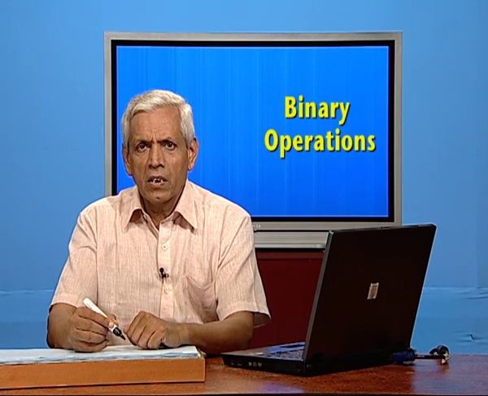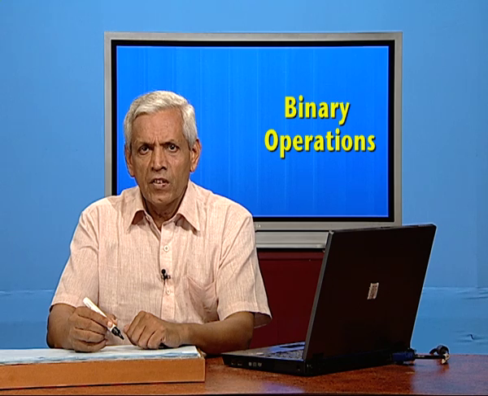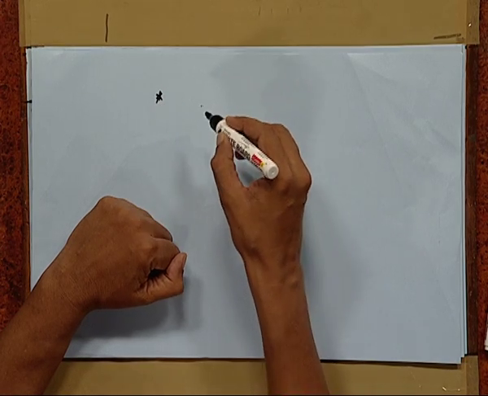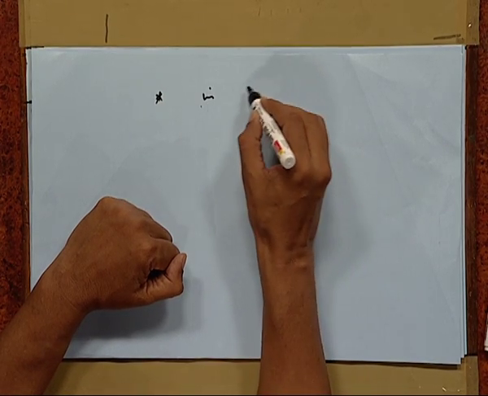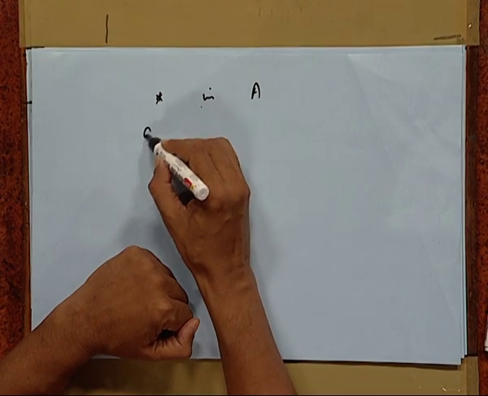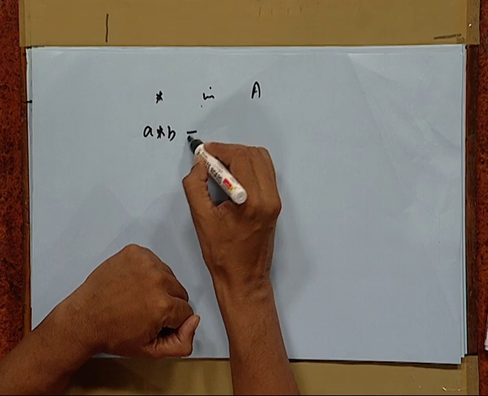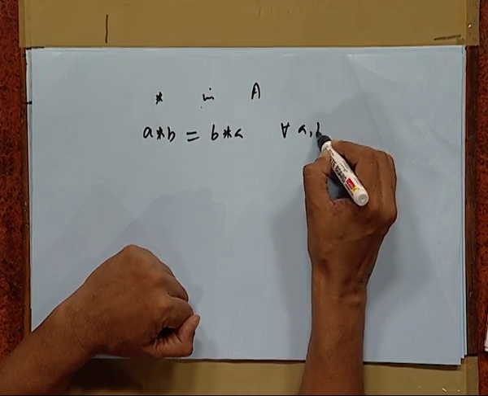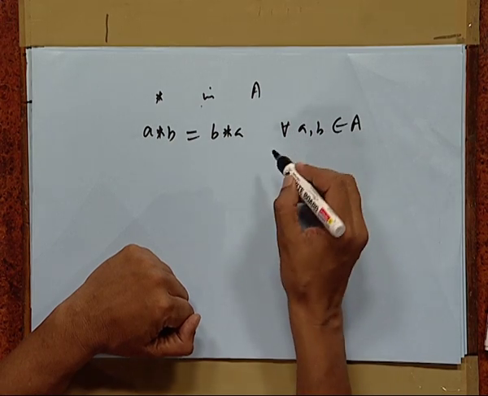Binary operation is called commutative if the elements can be interchanged. For instance, suppose the operation star is defined in A. So, this is called commutative if A operation B is B operation A for all A and B belonging to A. For instance, our usual operation of addition of numbers is commutative.